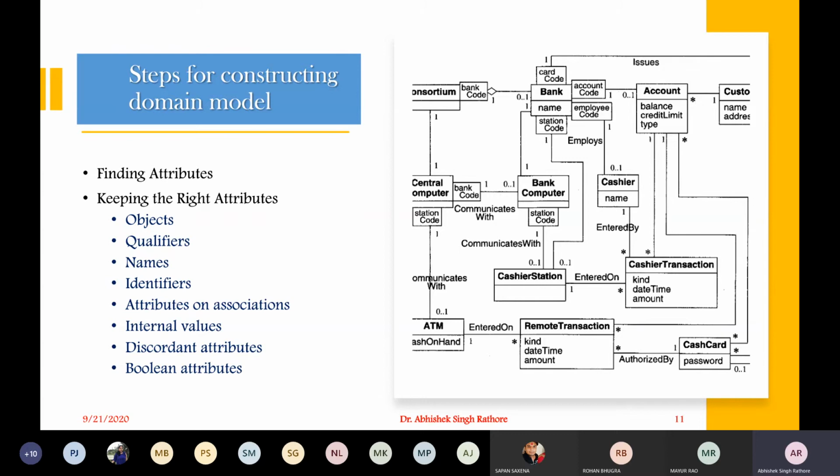Then we have some discordant attributes. This is an attribute that seems completely different and unrelated to all the other attributes available in your particular class. So what we can do is split our classes into two distinct classes.